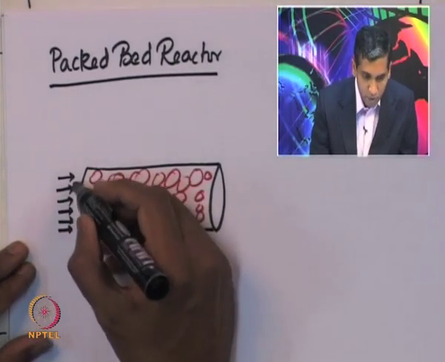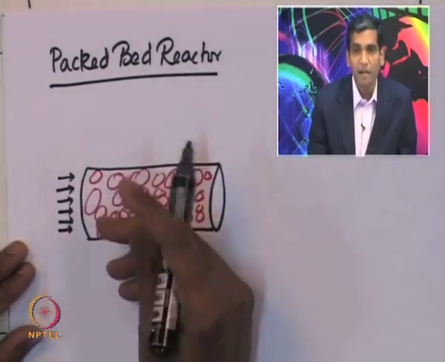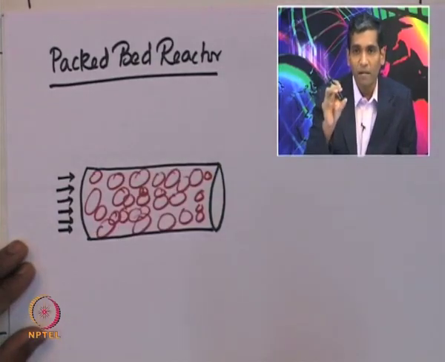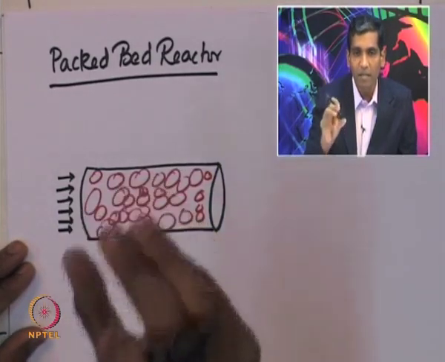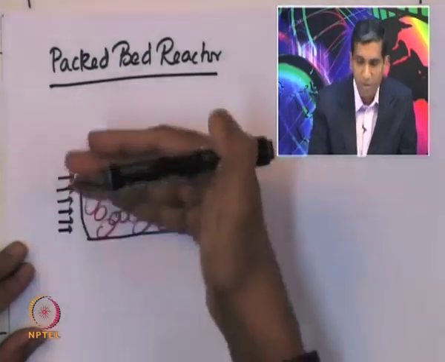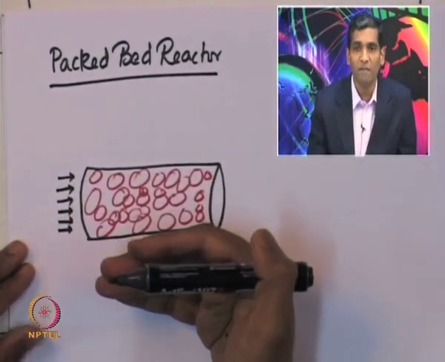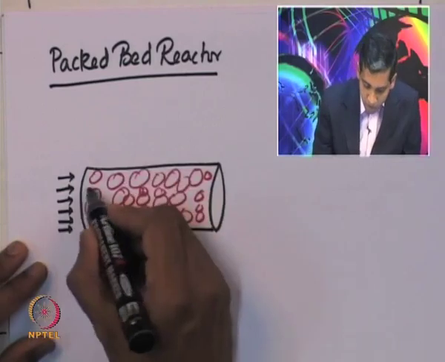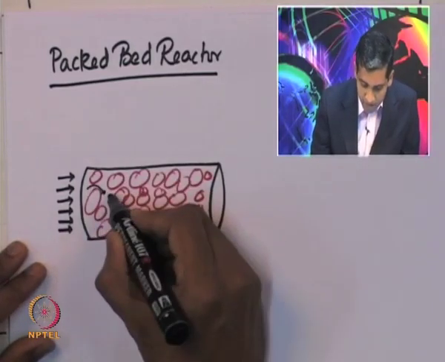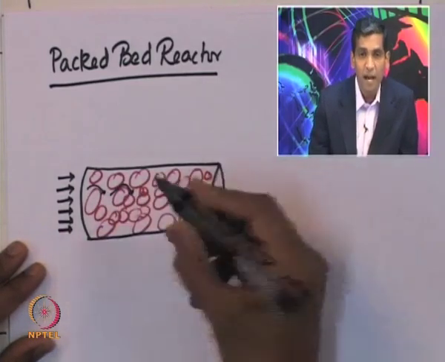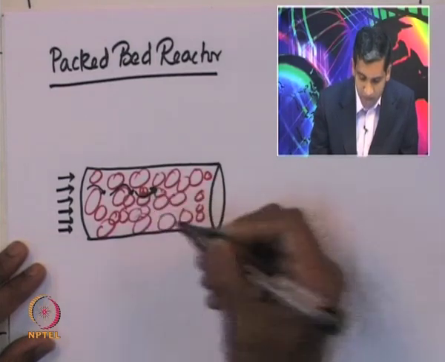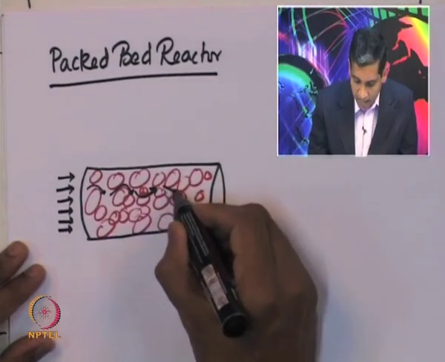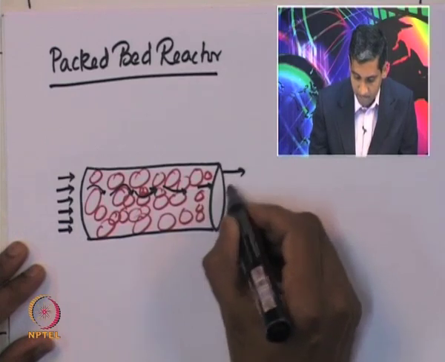So, suppose it flows uniformly inside, then because of the packing, the resistance to flow is not going to be uniform at every location in a given cross section. So, therefore, one can observe that the fluid stream is now going to bend and then it is going to move through the crevices of the reactor and then leave from the other side.